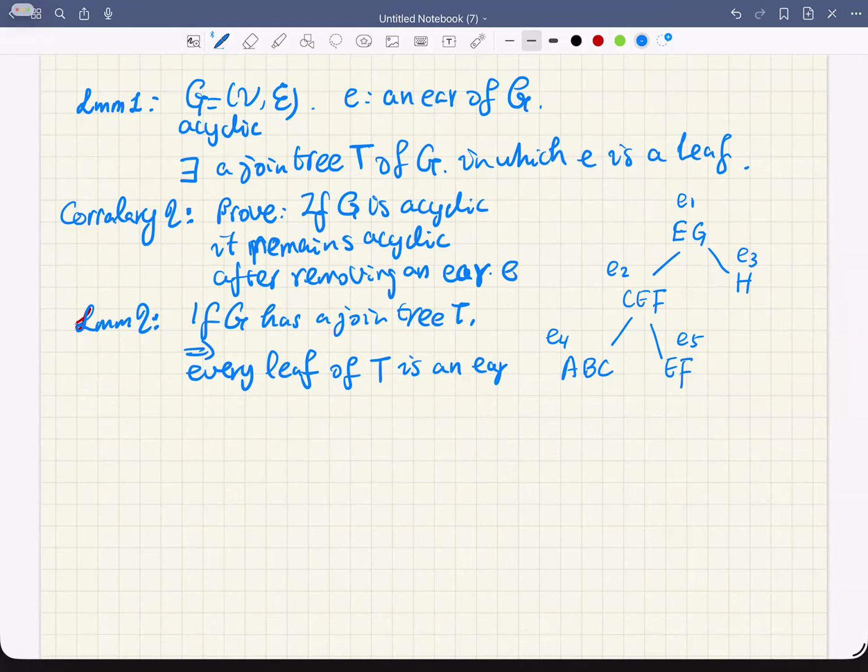So that establishes a correspondence between the notion of leaf and ear. That's why sometimes you hear people say, "An ear, that's a leaf."